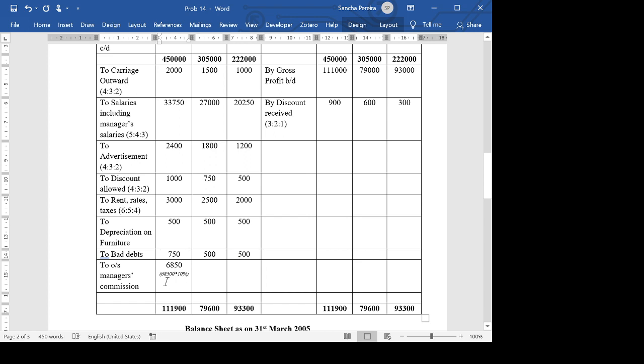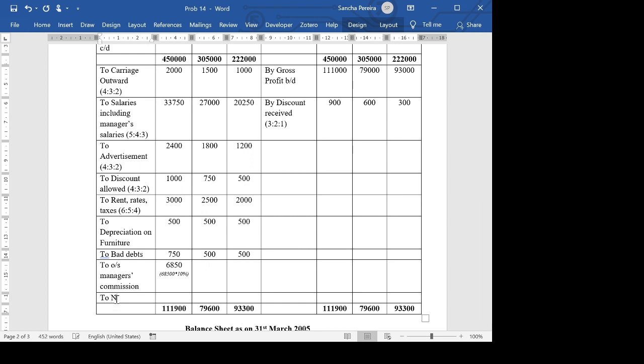How did I get 68,500? The total of this minus all the expenses up till here. The manager is paid a commission on that. Similarly for the second department also, the same way we need to do. We'll directly go and find out the commission to net profit also.